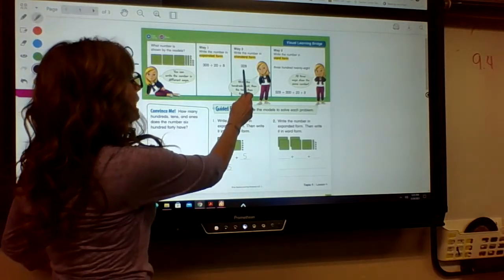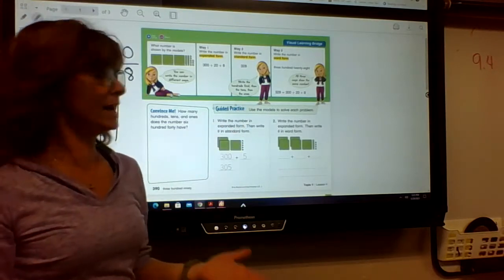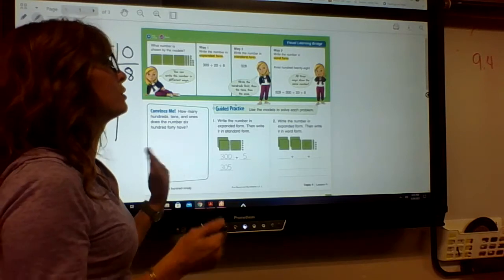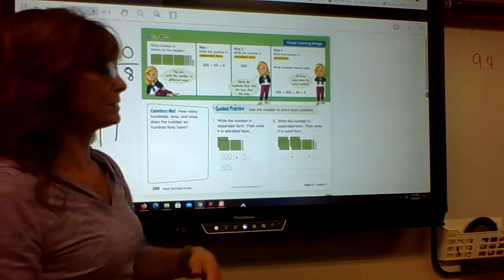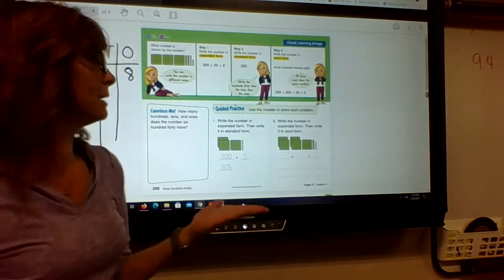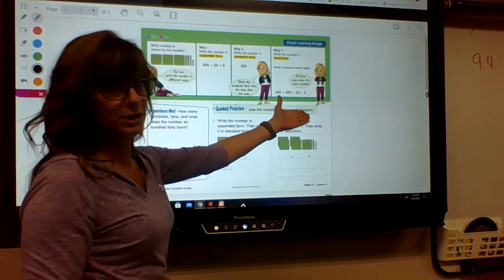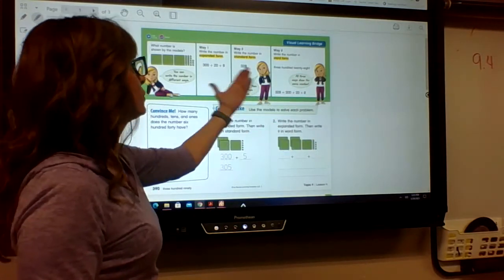So we have 328. You always write the hundreds first, then the tens, then the ones, okay? And our third way is the word form, okay? 328. So all 3 ways show the same number. 328 equals 300 plus 20 plus 8. And then, of course, you have your standard form.